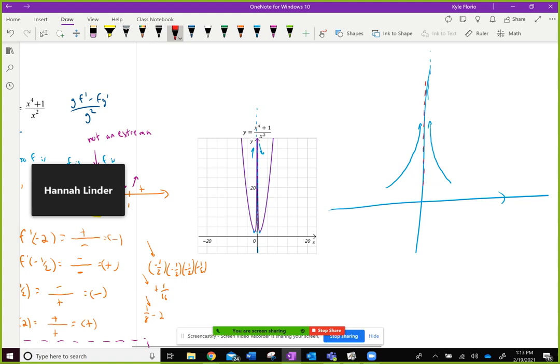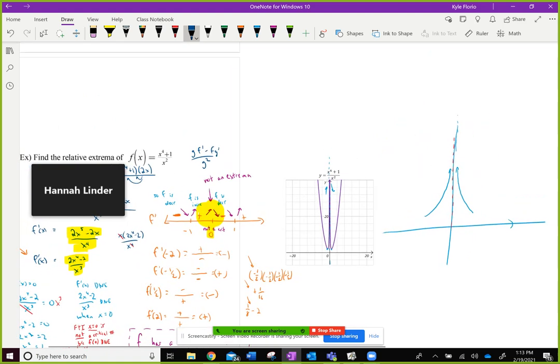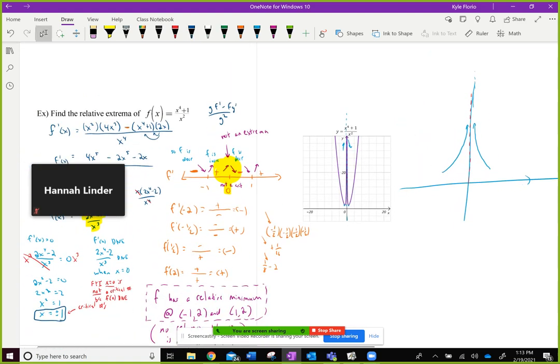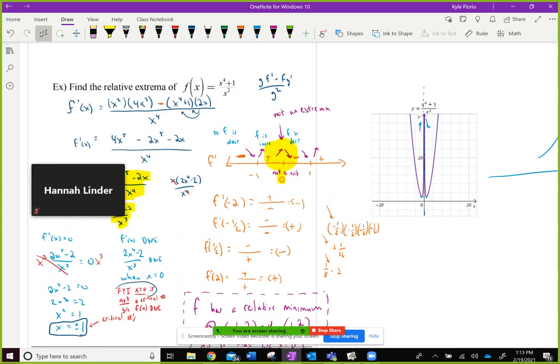Do you always want to put 0 in the chart, even though it's not a critical number? The reason I put 0 in the chart is that the derivative didn't exist there. Anywhere the derivative doesn't exist, or the derivative is 0, you want to put those numbers in your sign chart.